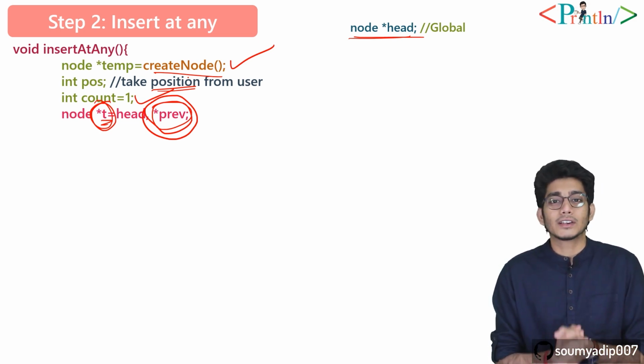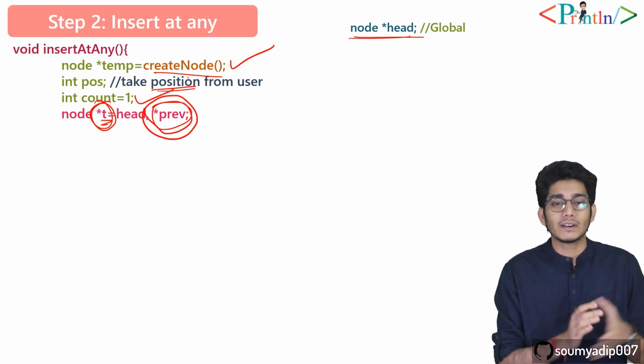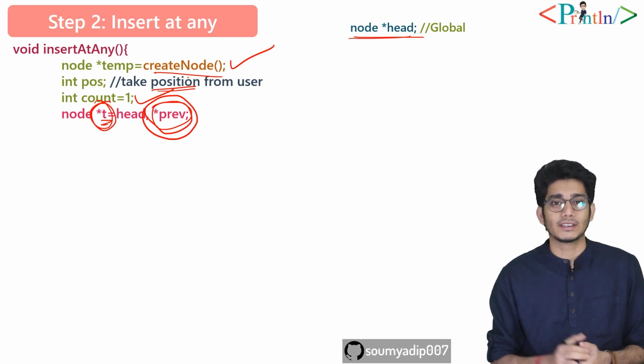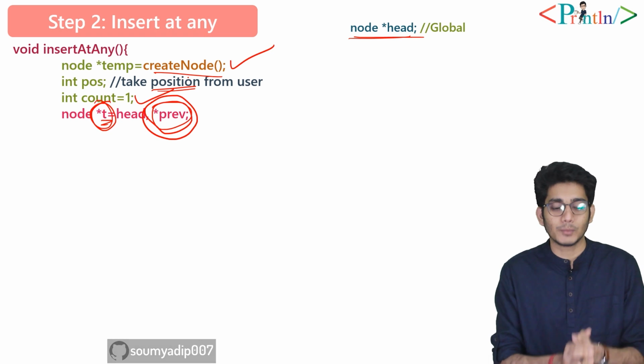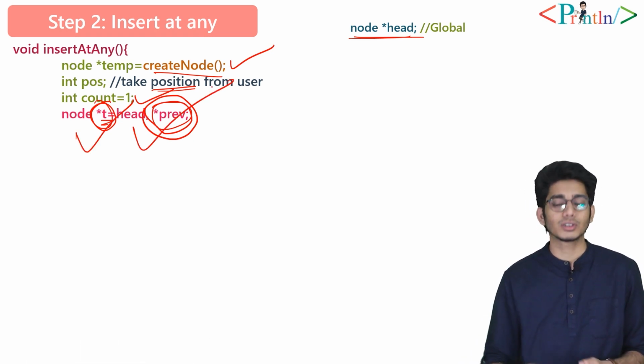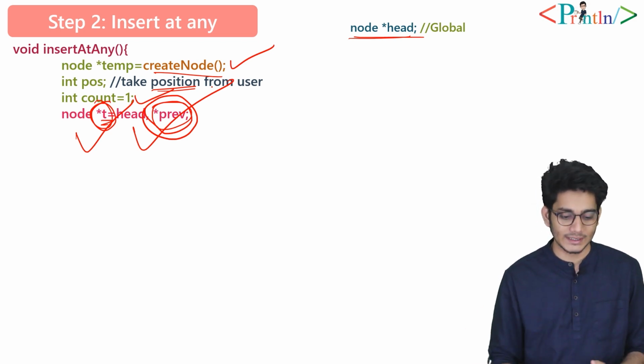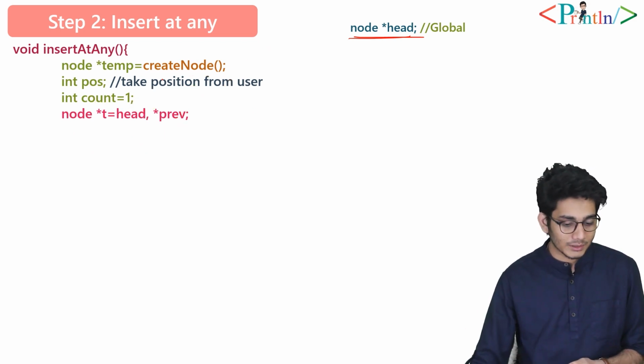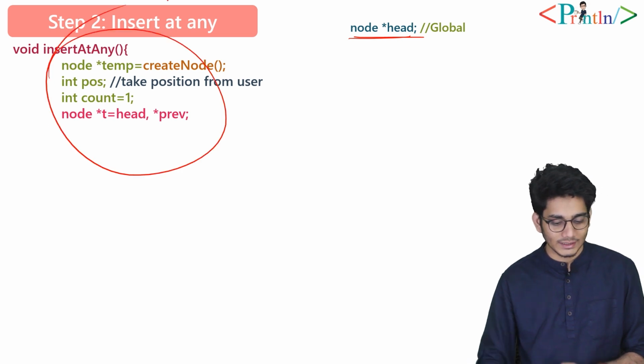So we need two pointers: one is the reference pointer, that is the present pointer, which we have denoted as t, and you also need a previous pointer. We'll talk about the significance of using the previous pointer. I think the purpose of using these variables is clear.